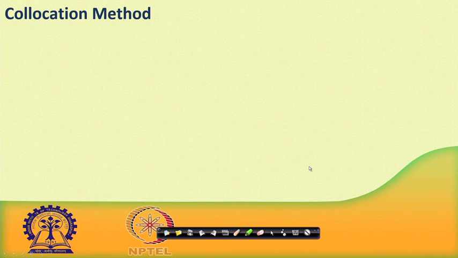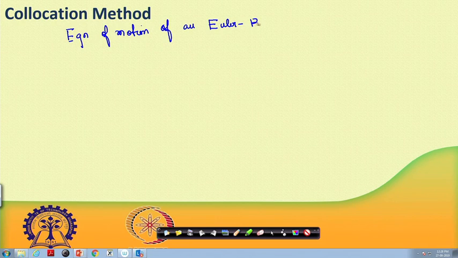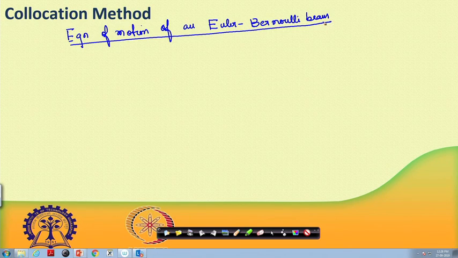So, in the collocation method, let me start with the equation of motion of an Euler-Bernoulli beam. Okay.